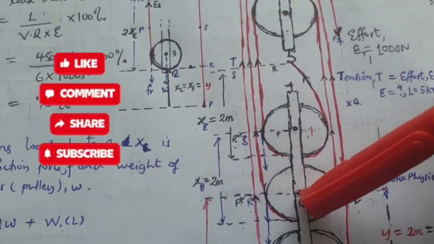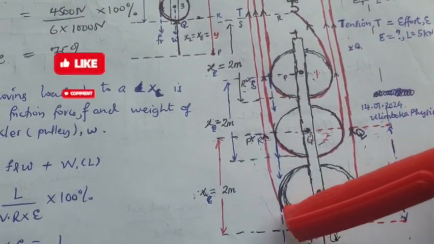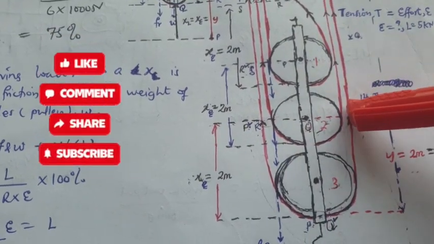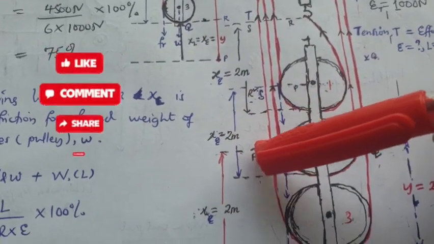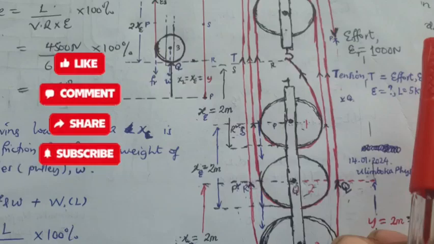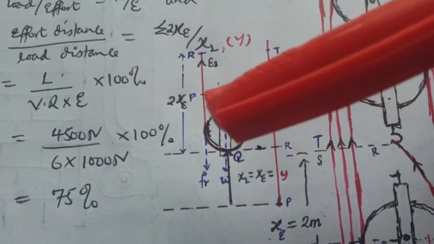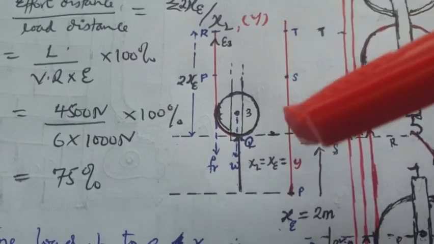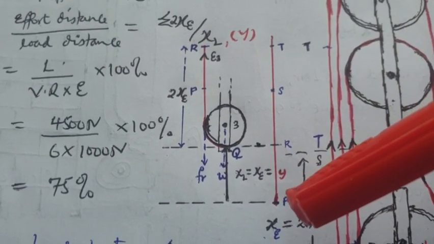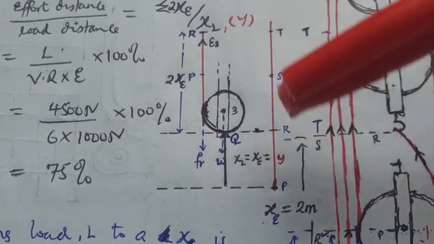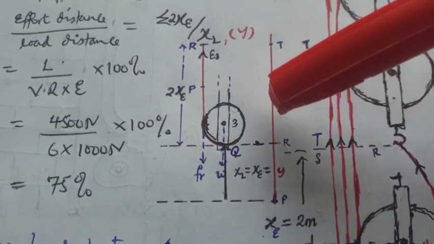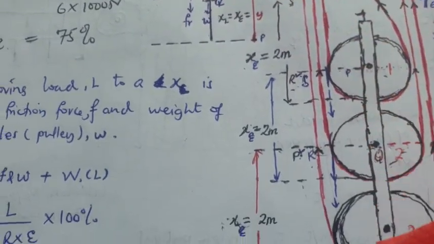In order to understand this movement very well, as we assign the letters Q, P, R, S, and T, let us consider the sections of this lower end. Our vertical positions of the string are P, R, S, T, as we assigned from here.